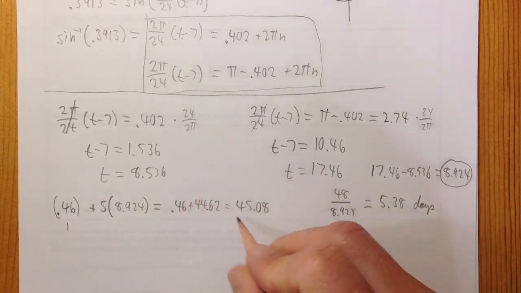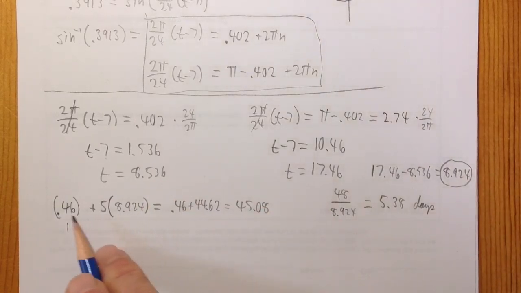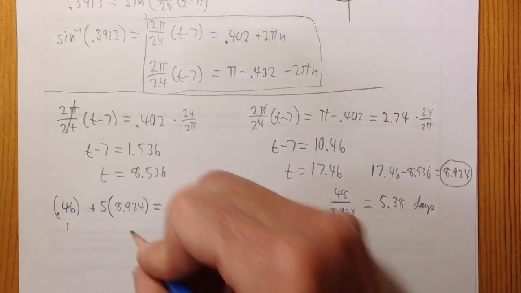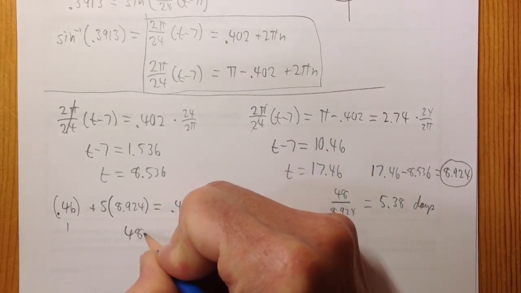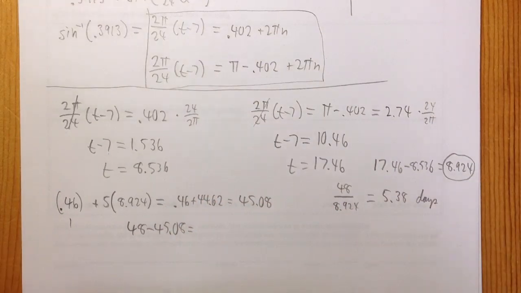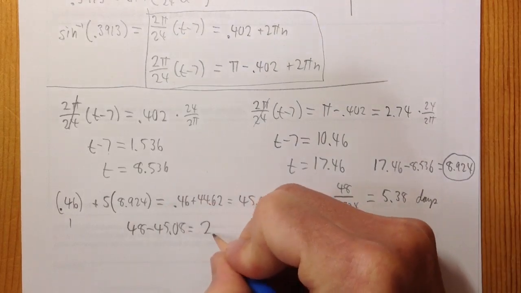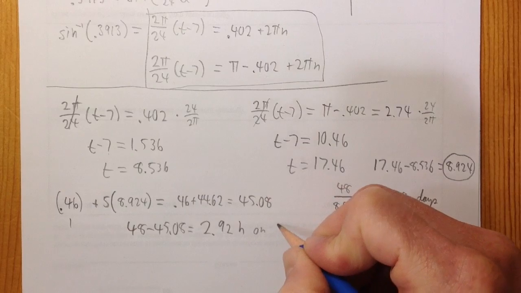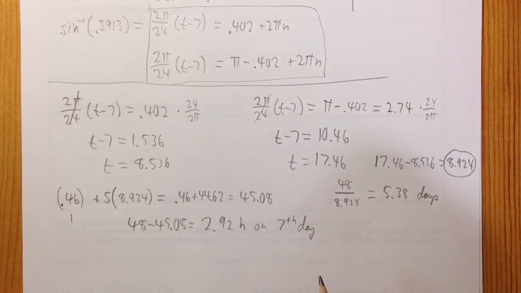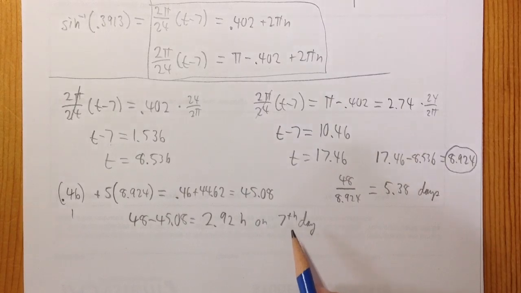We need 48 hours after 6 days. First day 0.46, 5 more full days, we're up to 45.08. So we need 48 minus 45.08, which is 2.92 hours on the 7th day. And then we'll be good.